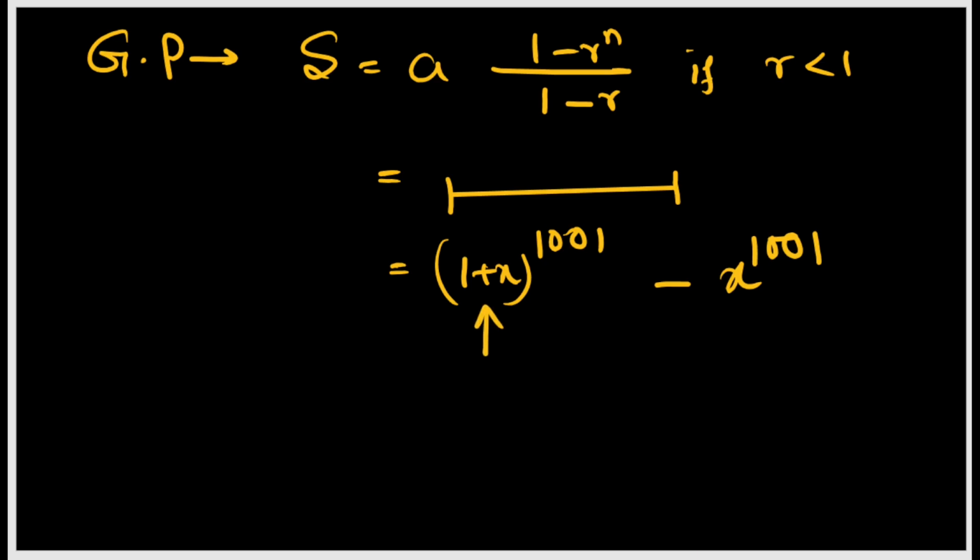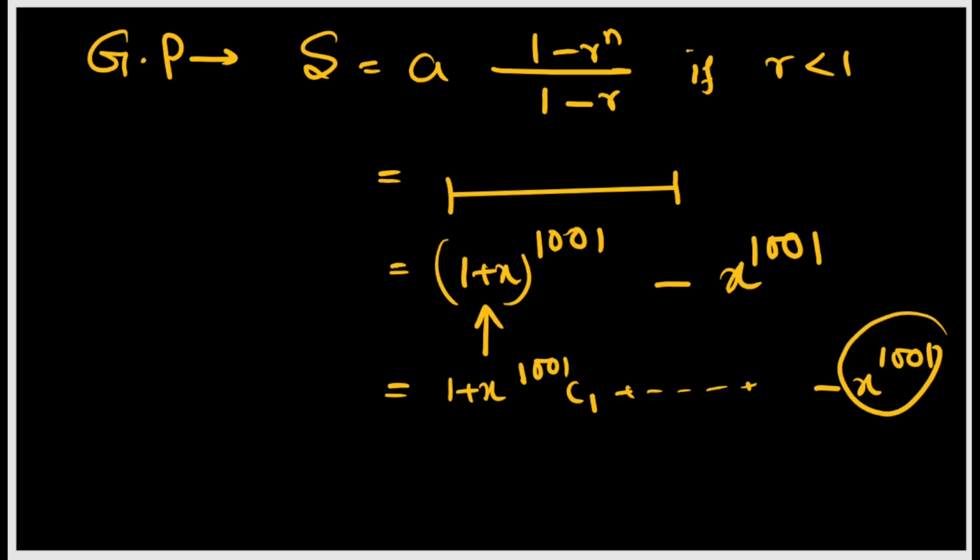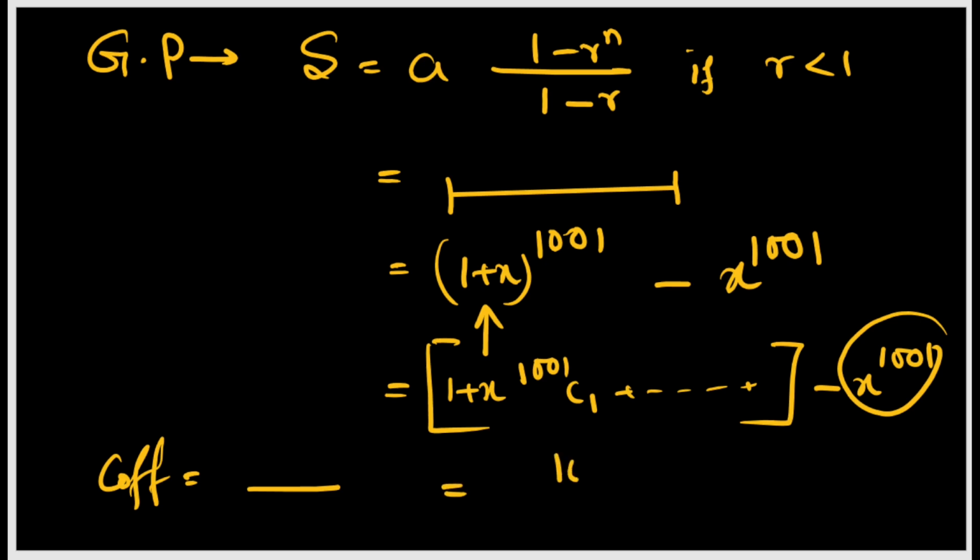Then we expand this term in binomial coefficients, 1 plus x power 1001 c1 up to the last term minus x power 1001. This last term is not used, because we find the coefficients of x power 499 and x power 500, so only those terms are involved here. We get the coefficient sum, then we use the Pascal identity, and the final answer is 1002 C 500. This is the answer, and option A is the correct answer.